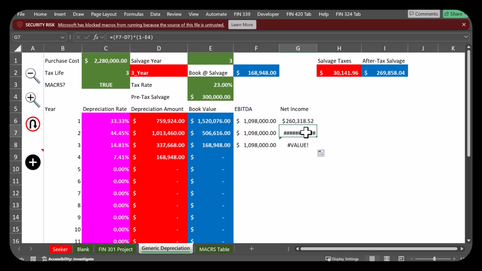The tax rate is fixed. OCF is simple. After that, take net income and add the depreciation back.